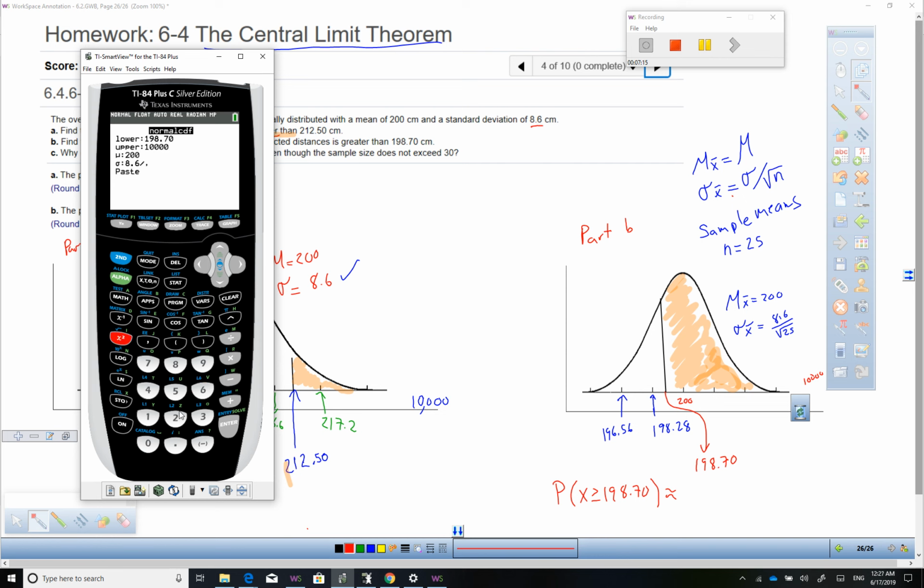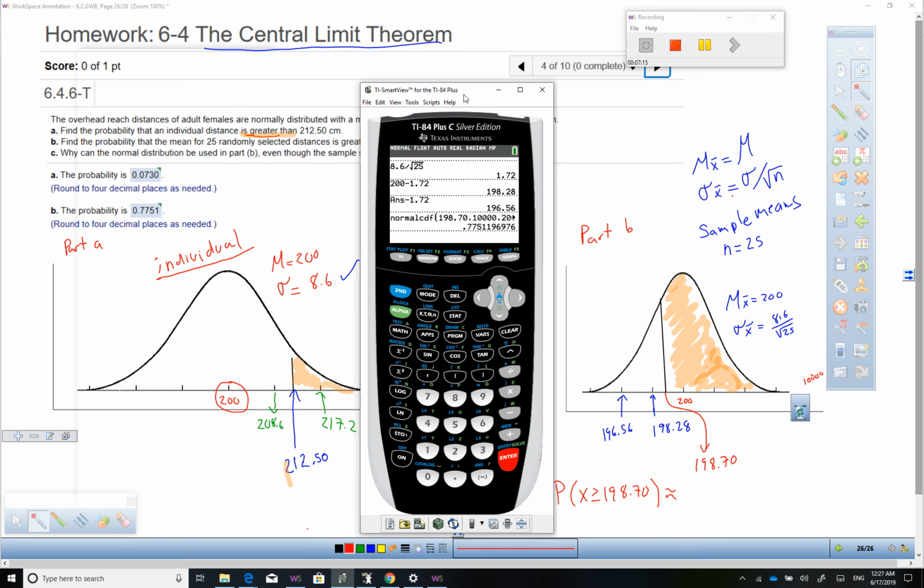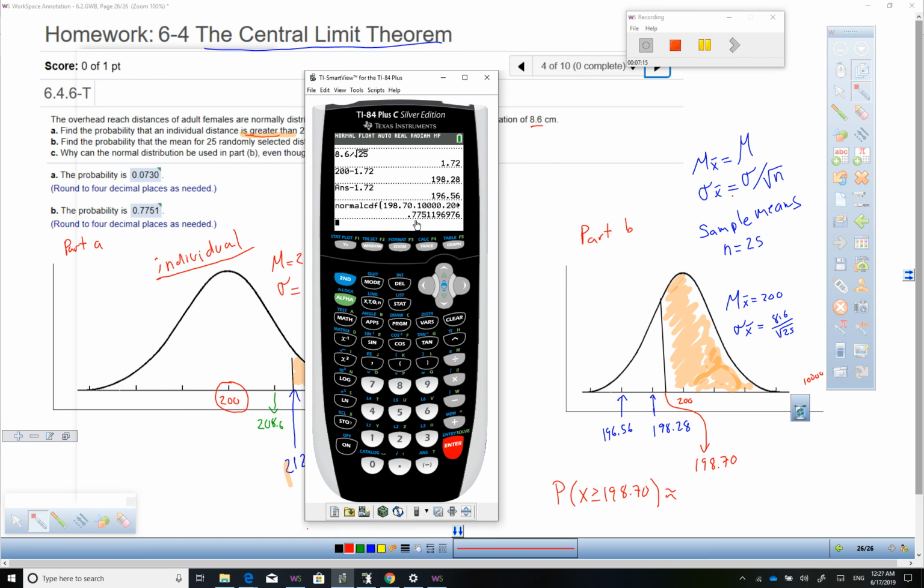We press enter to type on the home screen of the calculator, and this is the value we obtained, 0.7751. Okay, so that's how you do part B.